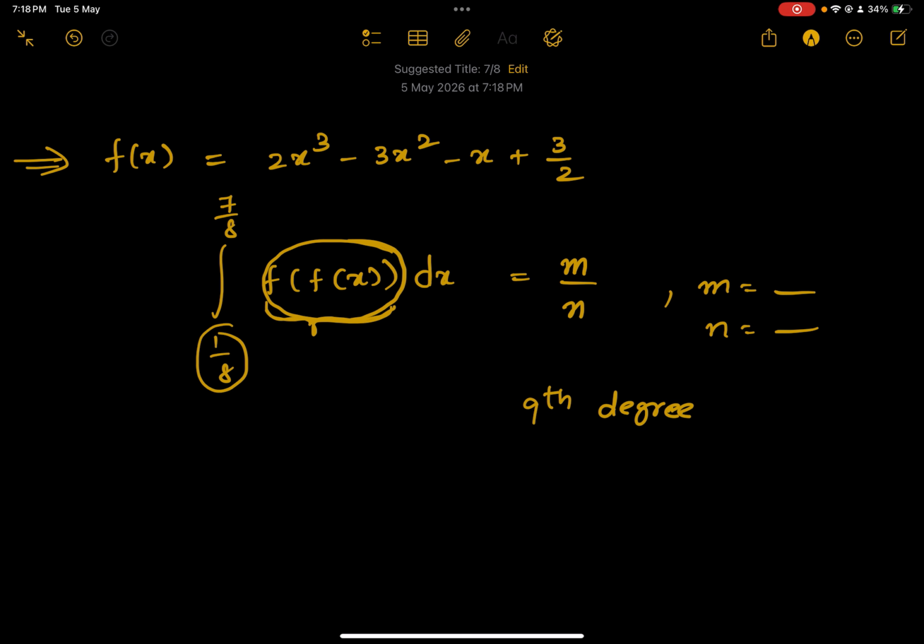Also your limits look nasty. So when you find this ninth degree polynomial by just using brute force, and then apply these limits, it will be very difficult to compute and there is a lot of scope for making mistakes. So what should we do?